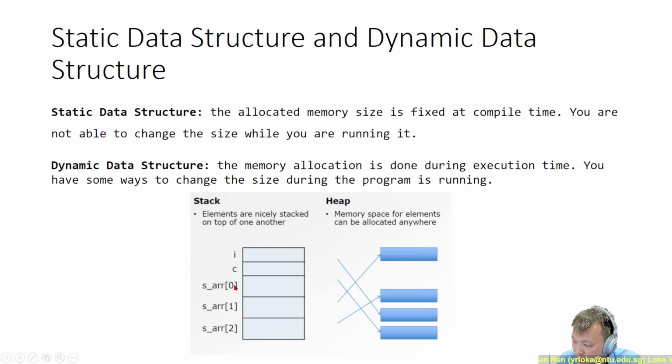So if you try to access an out-of-range index of the array, you may be accessing the next variable in memory. Yeah, for the static data structure. For dynamic data structure, you may not have that case. When you access something out of range, it's just some random number. Sometimes you are lucky and get the next variable, but it may not always be correct.